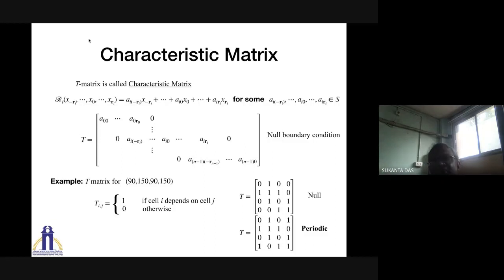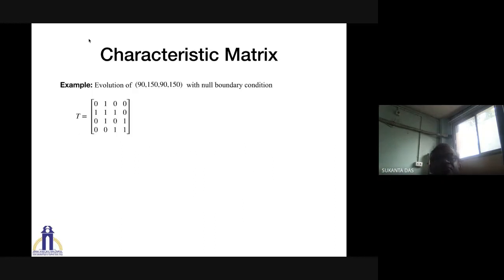Let us take an example. Let us evolve this one by T. So the evolution of this CA 90 150 90 150 with null boundary condition. How can I evolve it? Once you get this T, you need not consider the rules or other things, since T is a different form of representing G. So this T is sufficient to evolve a CA.